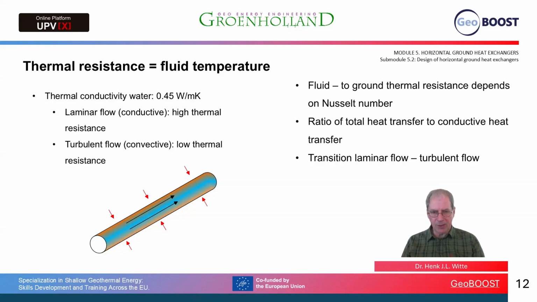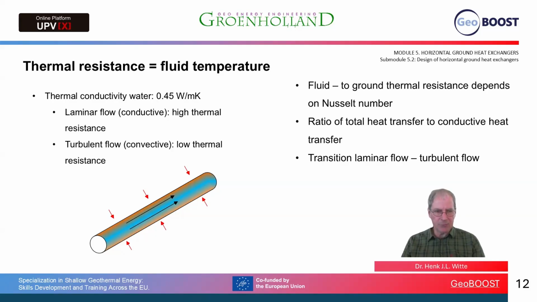And important here is the transition between laminar flow and turbulent flow. At laminar flow, we mainly have conductive heat exchange, and at turbulent flow, we mainly have convective heat exchange. So at laminar flow, we have a high thermal resistance, and at turbulent flow, we have a low thermal resistance.